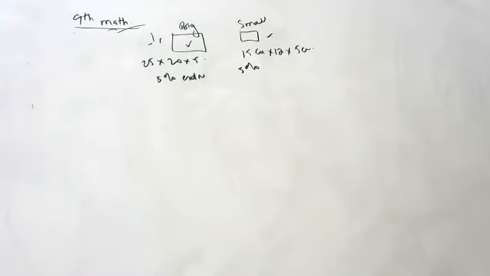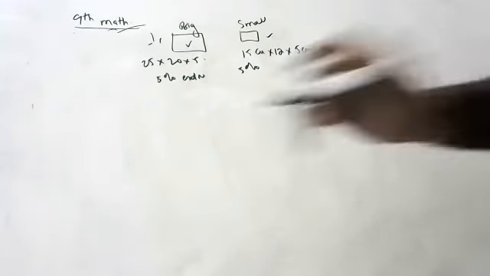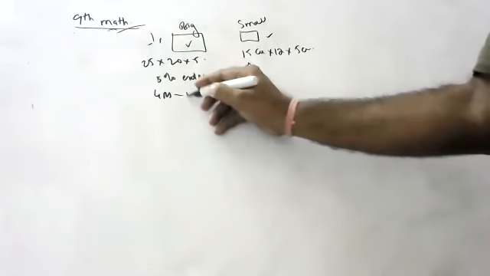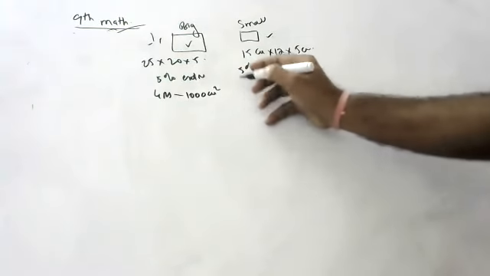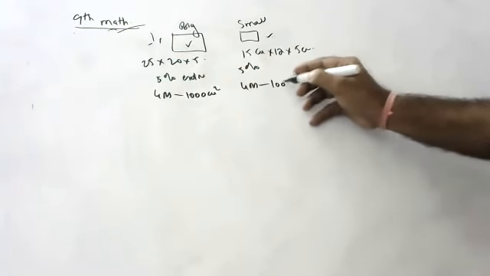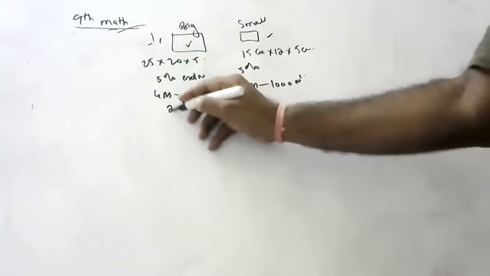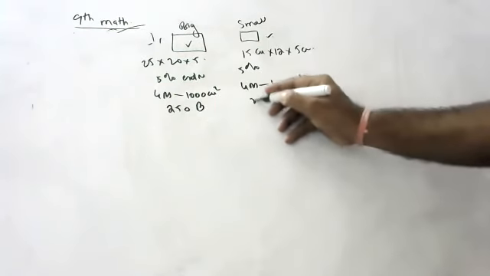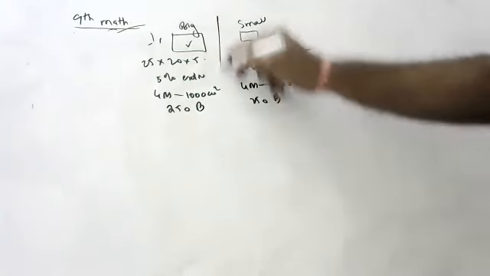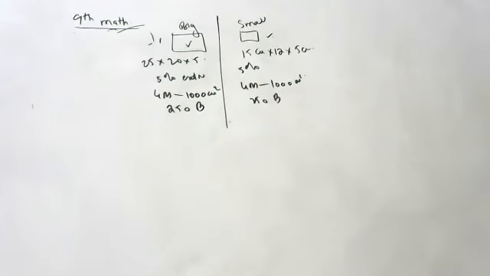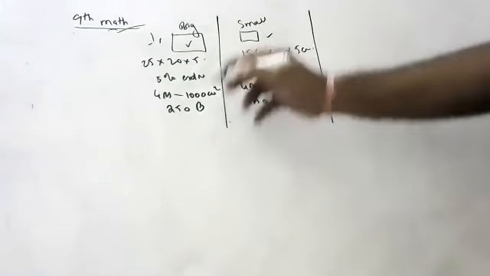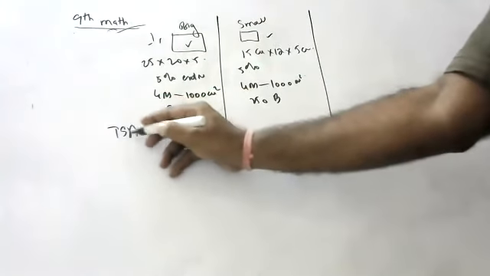The cost of the cardboard is 4 rupees per 1000 centimeters square. What is the cost of making 250 such boxes? Big one I will do, small one you do, children. So, TSA of the big box.